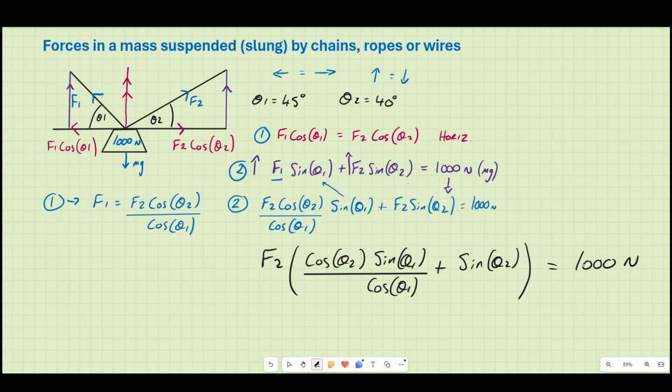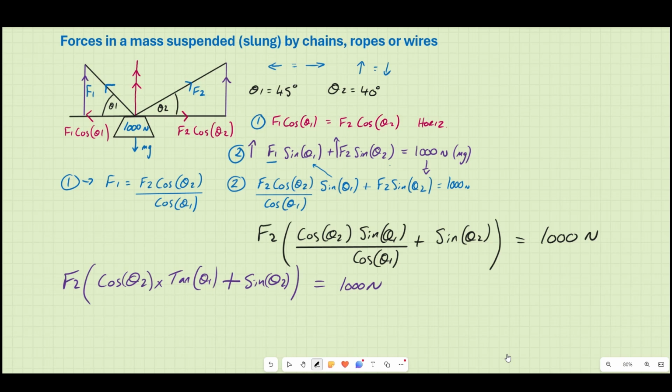So what we've got is f2 multiplied by the cosine of angle 2 multiplied by sine theta 1 over cos theta 1, which is tan of theta 1. And then we add, inside this f2 bracket that we're multiplying both terms by f2, sine of theta 2, and that is equal to our load.